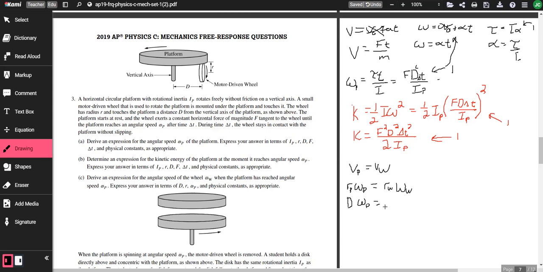The radius of the wheel is going to be R. So what we will end up getting is that the angular speed of the wheel is the angular speed of the platform times this ratio of their radii. And this was a 2-point question. 1 point for this, and 1 point for basically all this.